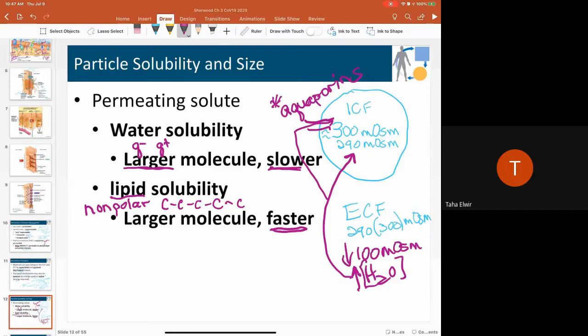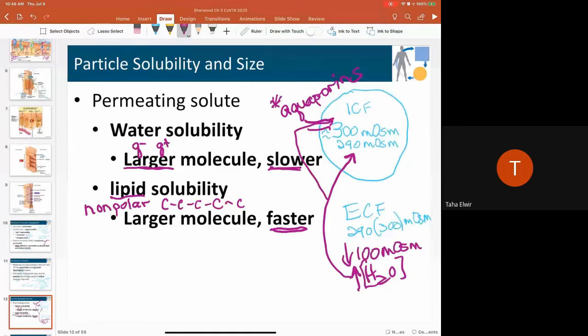Well, that's in the case of molecules, that only is true if it's water soluble. If it's hydrophilic, the larger the molecule is, the slower it moves. But if it's lipophilic, the larger the molecule is, the faster it goes into the lipid of the plasma membrane, and the faster it moves across the plasma membrane.